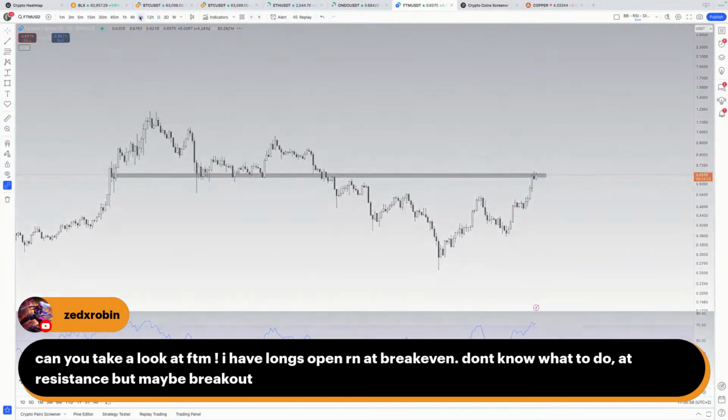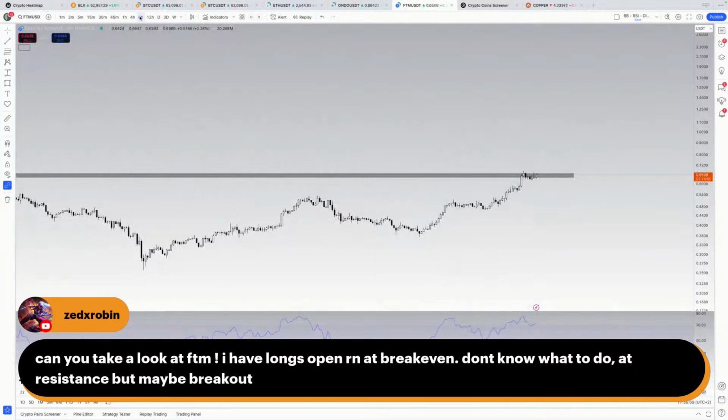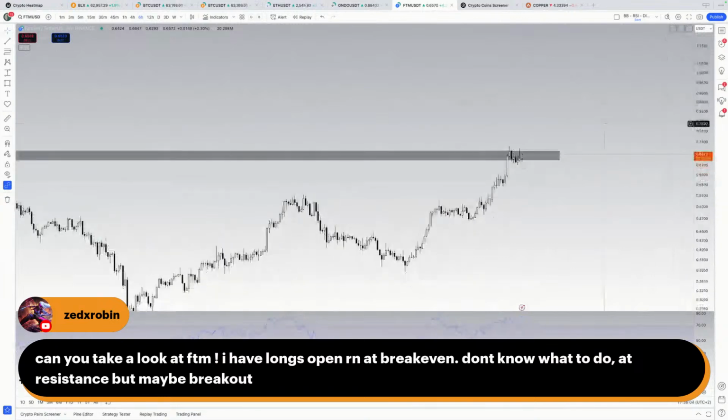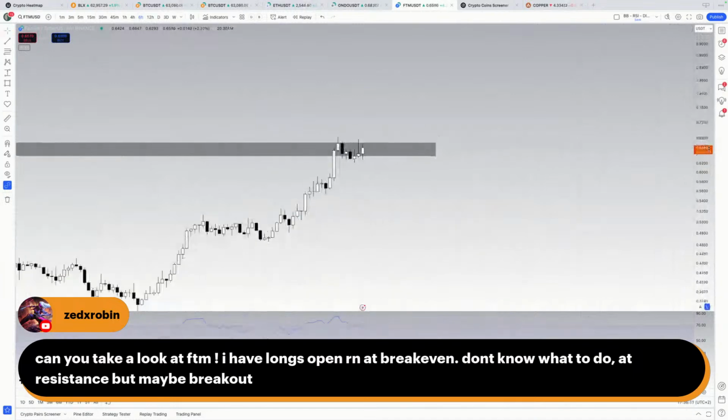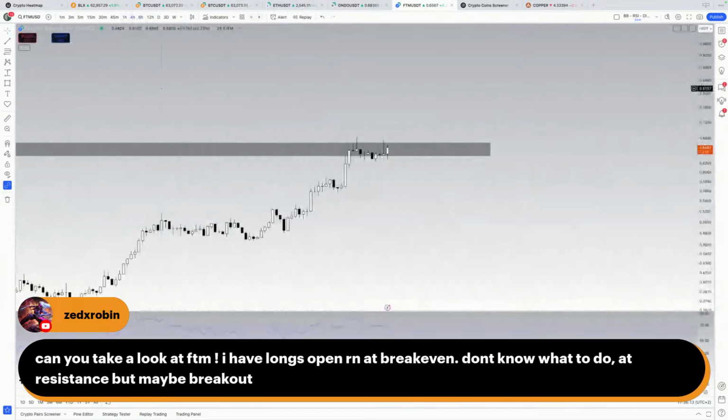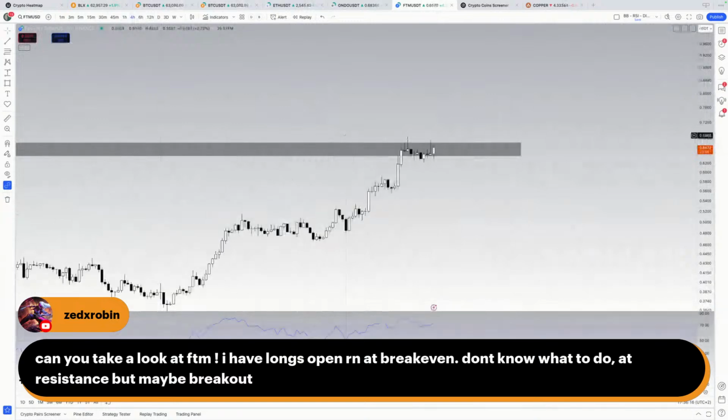I'm not sure what kind of leverage you used, position size and everything, but to me, this is just price action below resistance. Some people would argue consolidation below resistance is bullish. No, price action at resistance is resistance. Period.